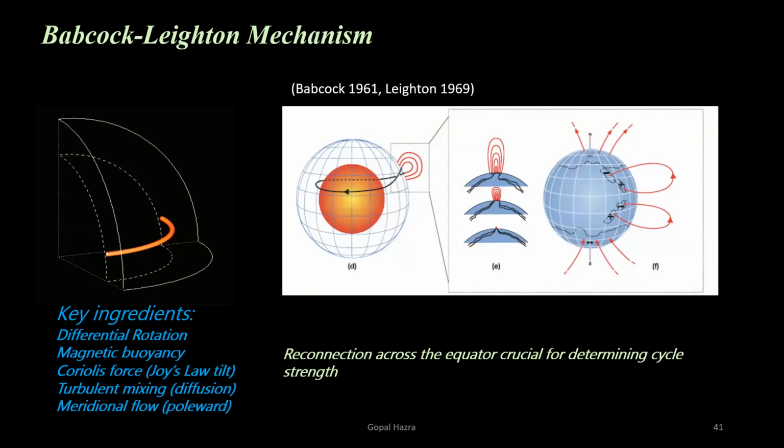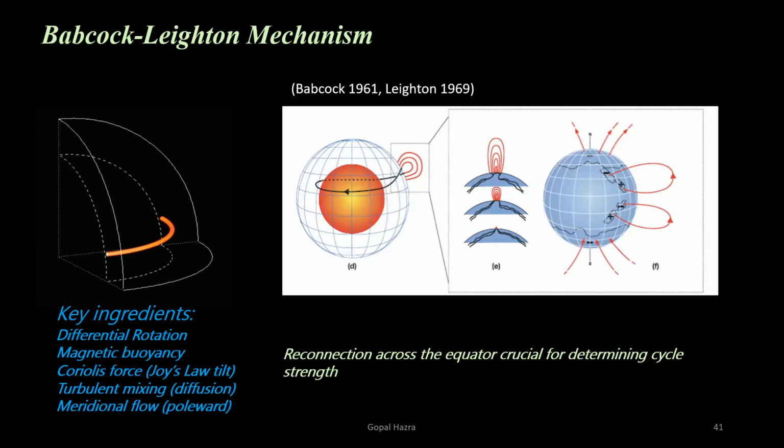The tachocline region, so differential rotation also has a radial variation. On the surface you need the diffusion. So now you see, this is rising up and creating the sunspot. So this is the importance of the tilt. You have positive, negative, and this negative, positive.